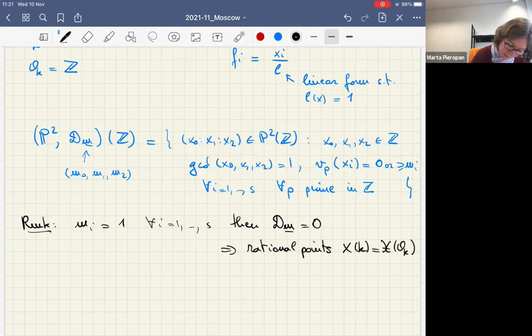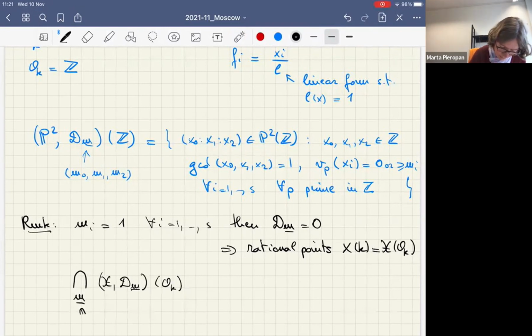And the other extreme case is, well, what happens? If I increase my mi, I get smaller and smaller sets. I get more and more restrictive conditions. What happens if I take the intersection of all such conditions? So I take Campana points with respect to m, and I intersect for all possible parameters m.